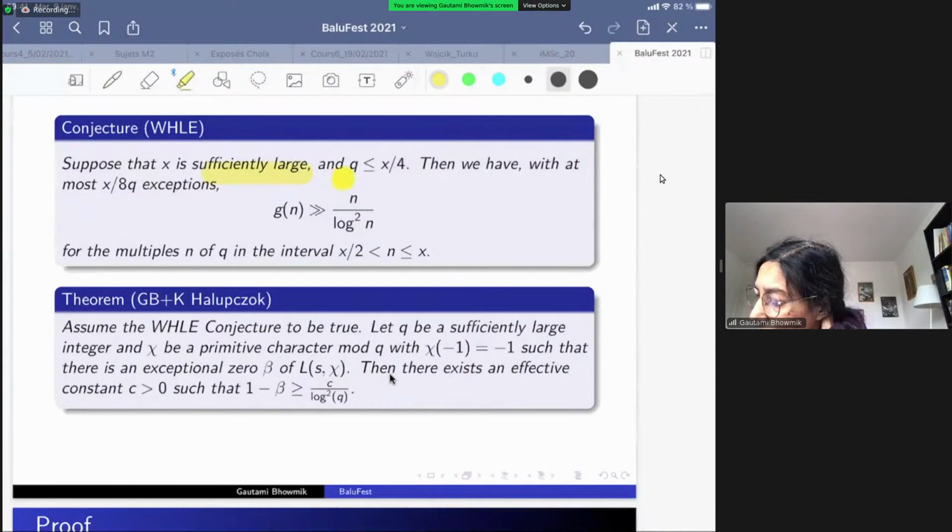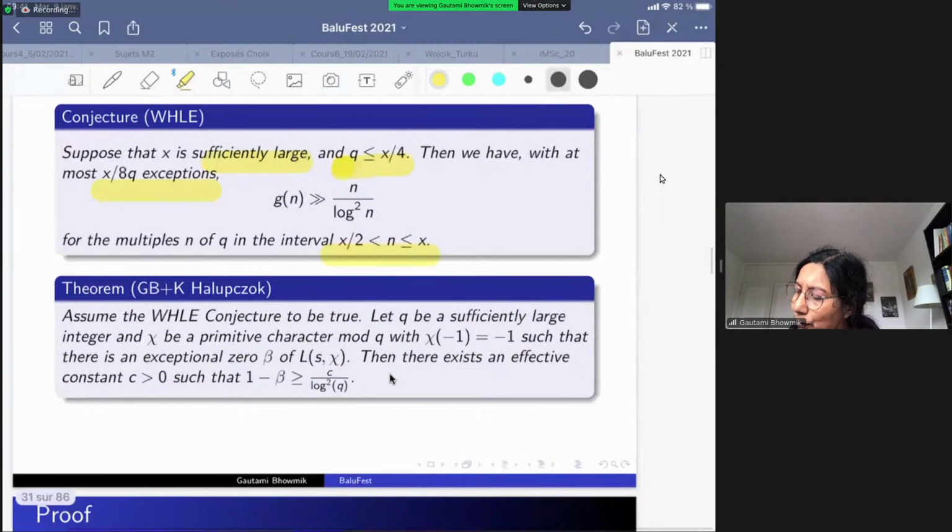And Q is greater than X by 4. Then we admit some exceptions. This is similar to what I have shown you before, that you take GRH and then say it's true except for some exceptions. So I need to assume that there are exceptions at most X by 8Q times. Then we have G of n greater than n by log square n, for n in the interval between X by 2 and X.